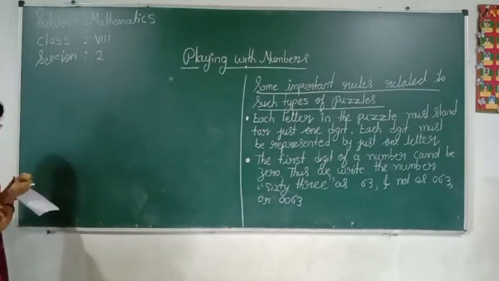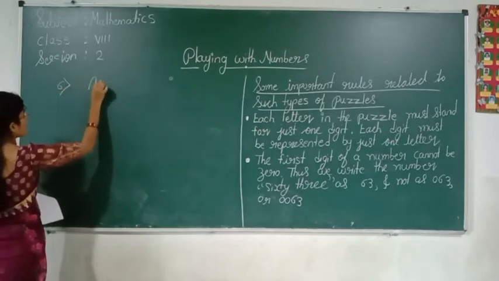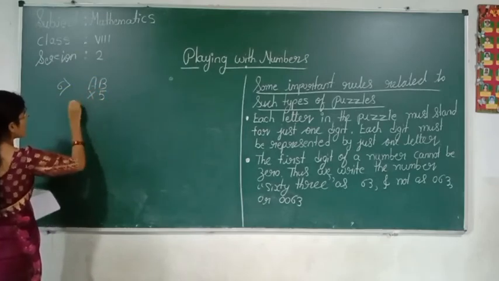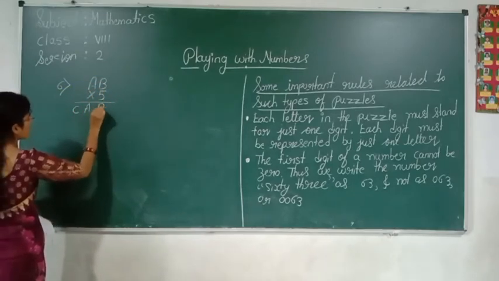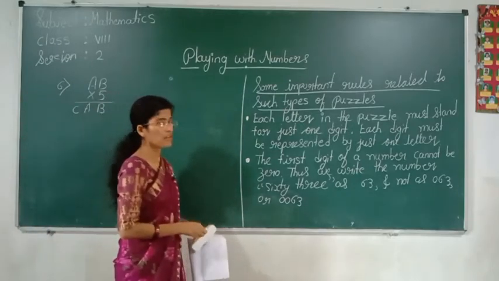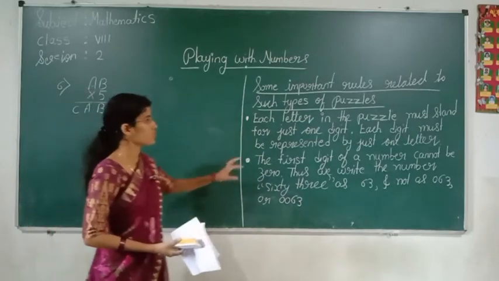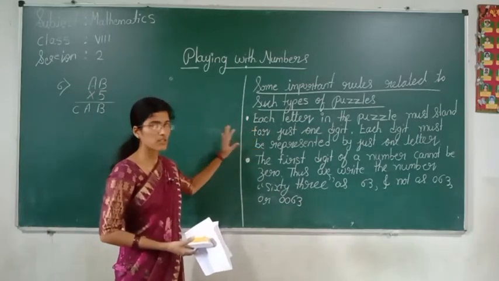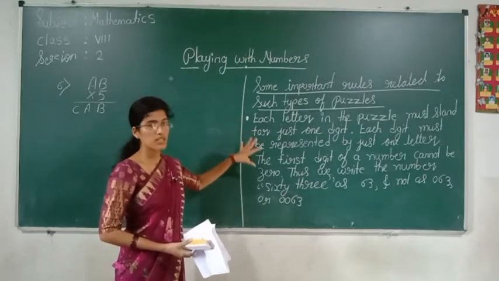The next problem they have given is the sixth one. AB into 5 should be CAD. Now again see why I have written the steps here. Whenever you are solving the problem, you have to see these steps.